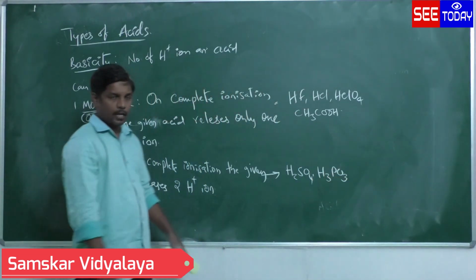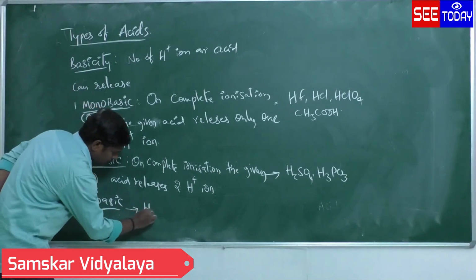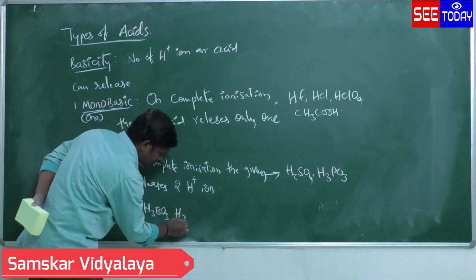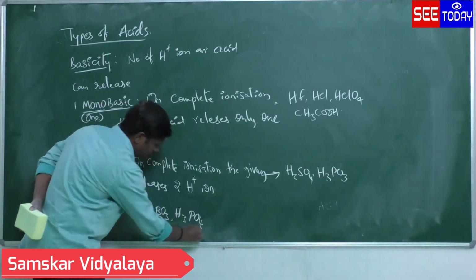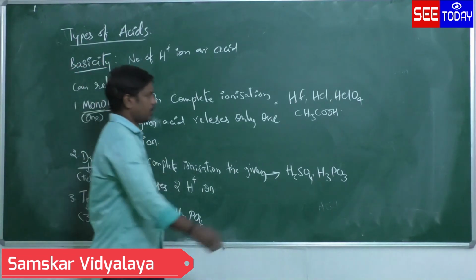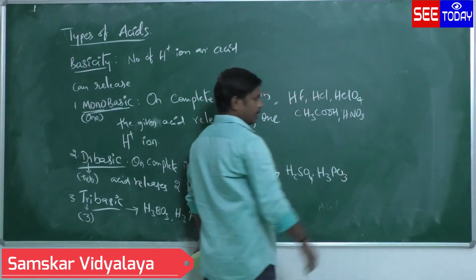So these are dibasic acids. And tribasic acids, H3BO3, H3PO4. So these are tribasic acids. Also you can take HNO3, nitric acid.